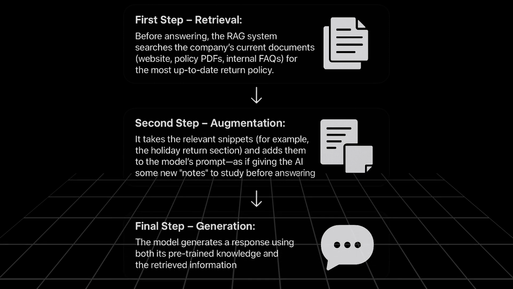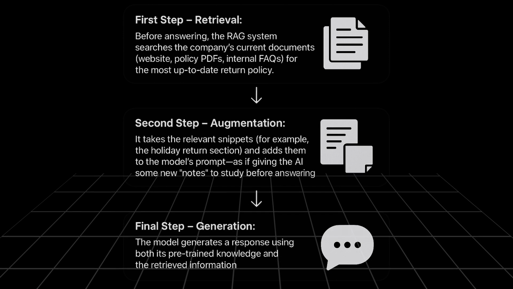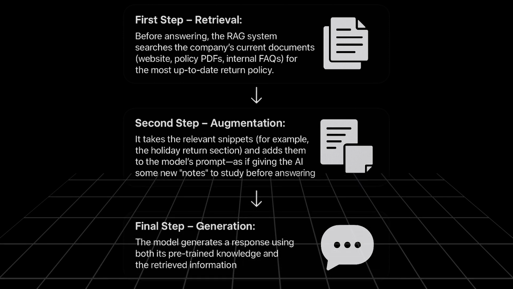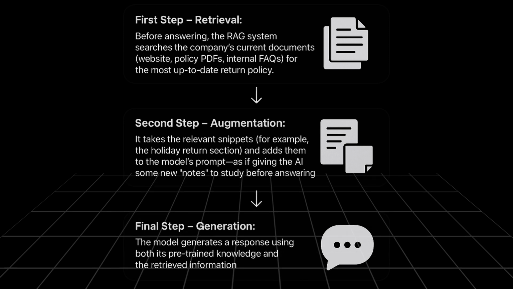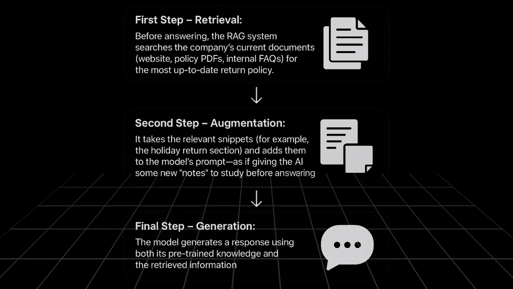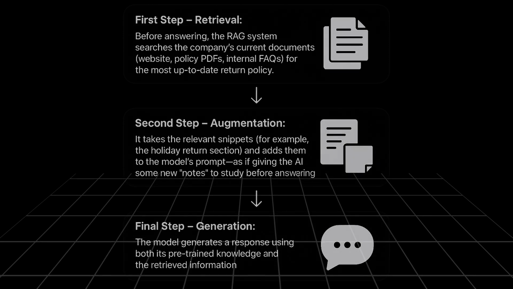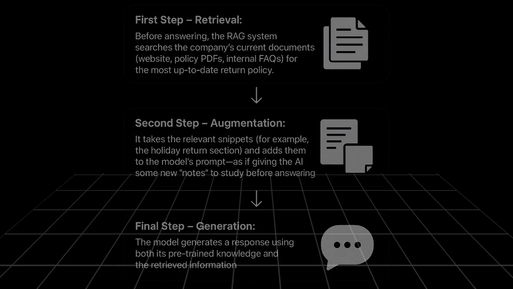The final step is generation. Now the AI uses both its existing knowledge and the newly found info to generate a precise answer: holiday sale returns can be made until Jan 31st with receipt, on one condition, and it can even cite the source.